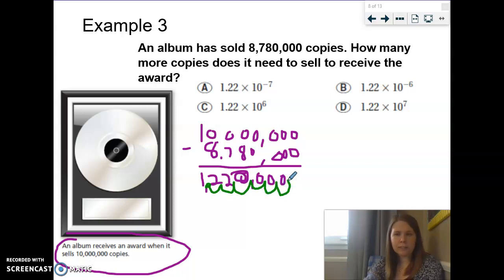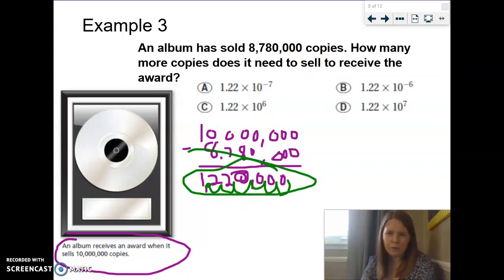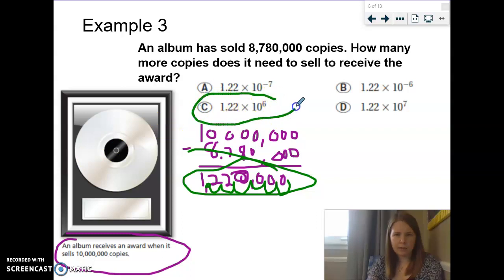So I did 6 jumps. Now this is a large number, meaning that I'm going to want a positive exponent. So I'm going to want it to the power of a positive 6. So my answer then would be C. That's how many more copies that you need to sell.